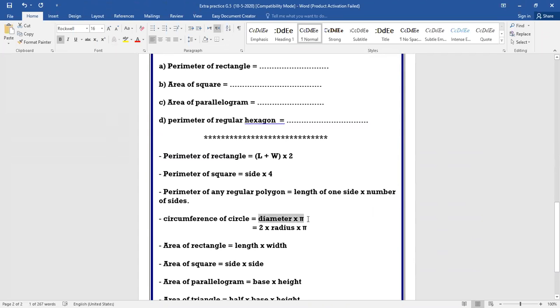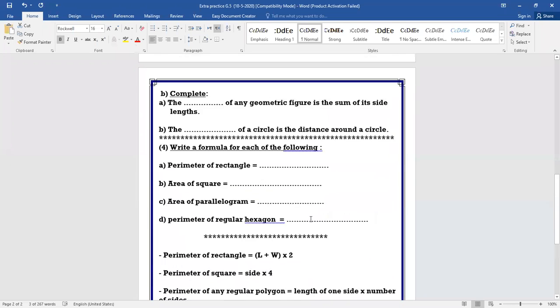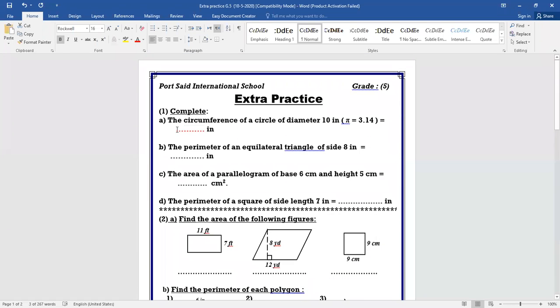If we have diameter, it will be diameter multiply 3.14. So this will be 10 multiply 3.14. When we multiply by 10 we move the decimal point to the right one digit, so this will be 31.4 inches. Okay, thank you.